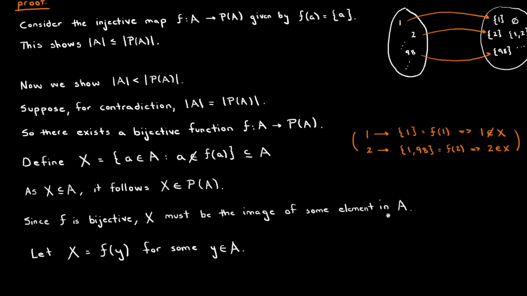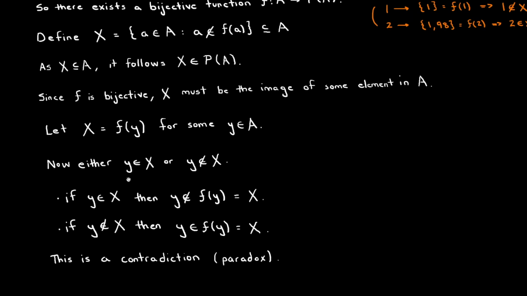There must be some input in A that gets mapped onto this set X. So therefore, let's suppose there is some y in A that gets mapped onto X. So X is equal to f of y for some y in A. Finally, y should either be an element of X or it should not be an element of X. Remember that y is just an element of A, and X happens to be a subset of A, right? So the question we're asking is, is y an element of this subset or not an element of this subset?